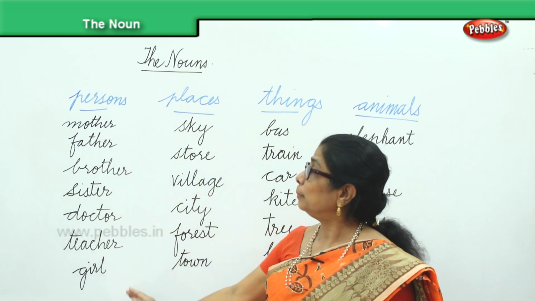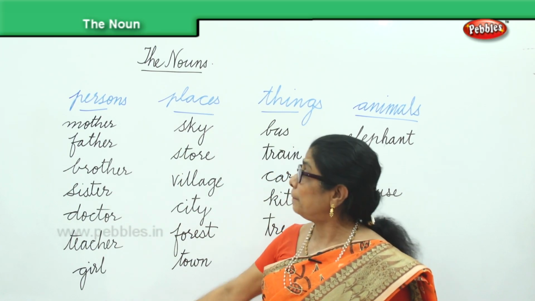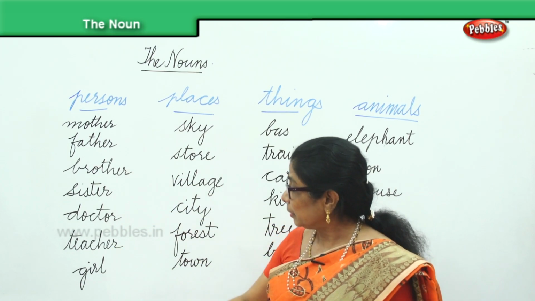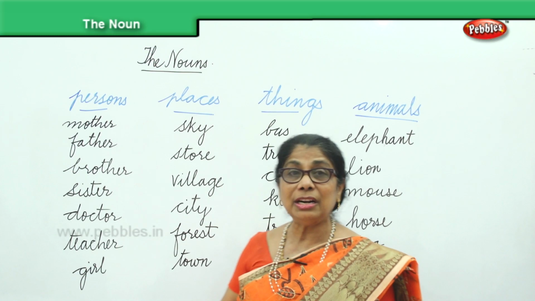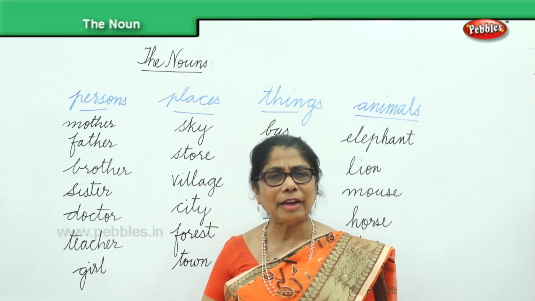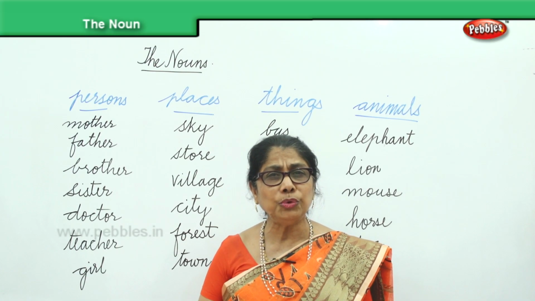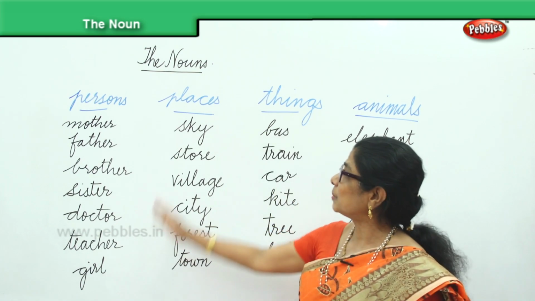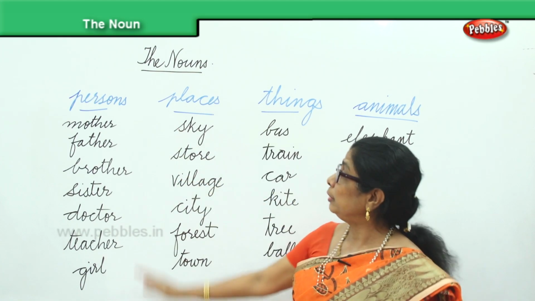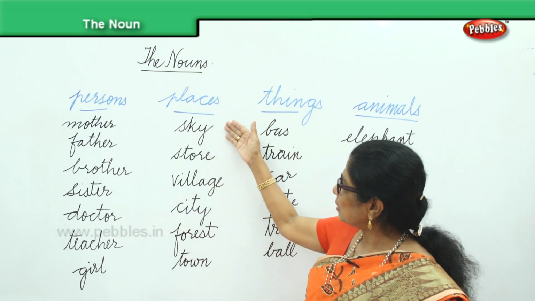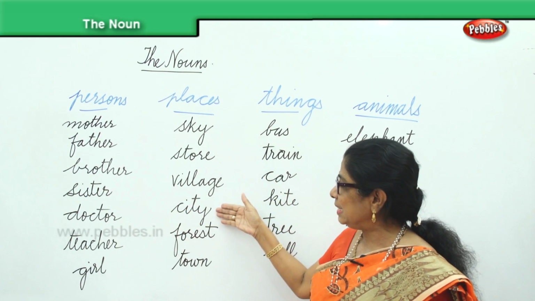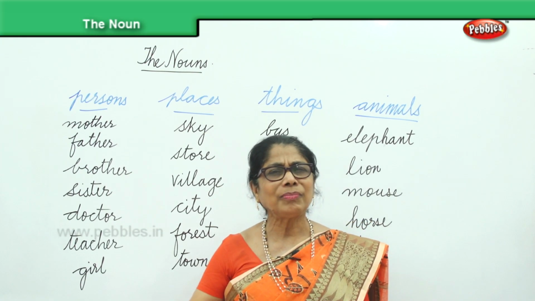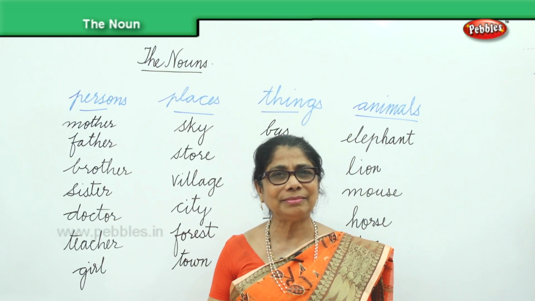Persons, some person's names I've written here. Some persons, mother, father, brother, sister, doctor, teacher, girl, boy, grandmother, grandfather, uncle, aunt, nephew, niece. All these are names. Let's look at some places. When you say city, sky, store, village, country, forest, town, market, all these are places.